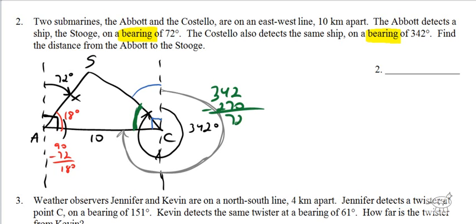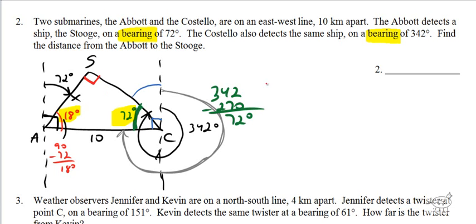That gives me 72 degrees. So this is 72 degrees. And then if you add this angle up and this angle up, 18 plus 72 is 90. That proves that this is a 90-degree angle, because those two other angles add up to 90. It's got to be a 90-degree angle.